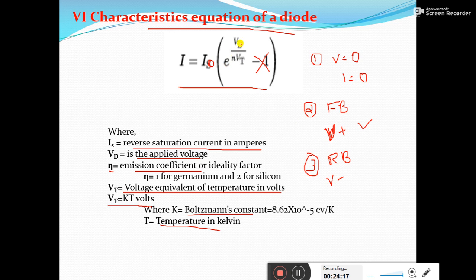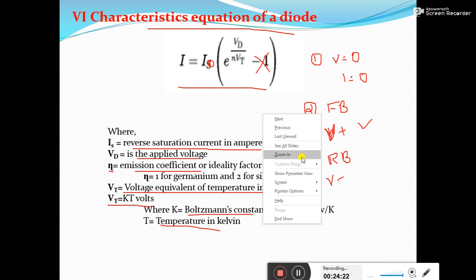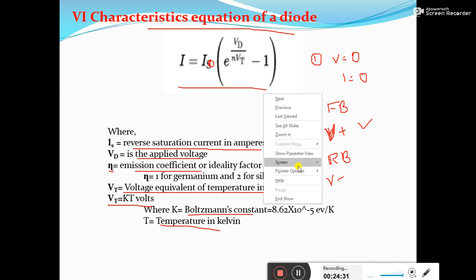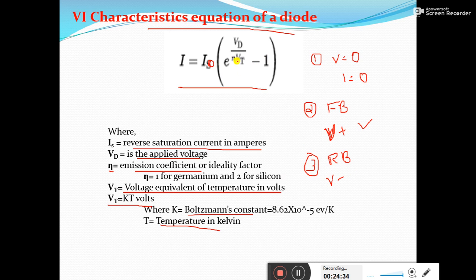So e to the power of any negative term is very much lesser than 1. Since it is very much lesser than 1, here this term can be omitted, means equation will now reduce to I equal to I naught into minus 1, or you can say I equal to minus I naught.